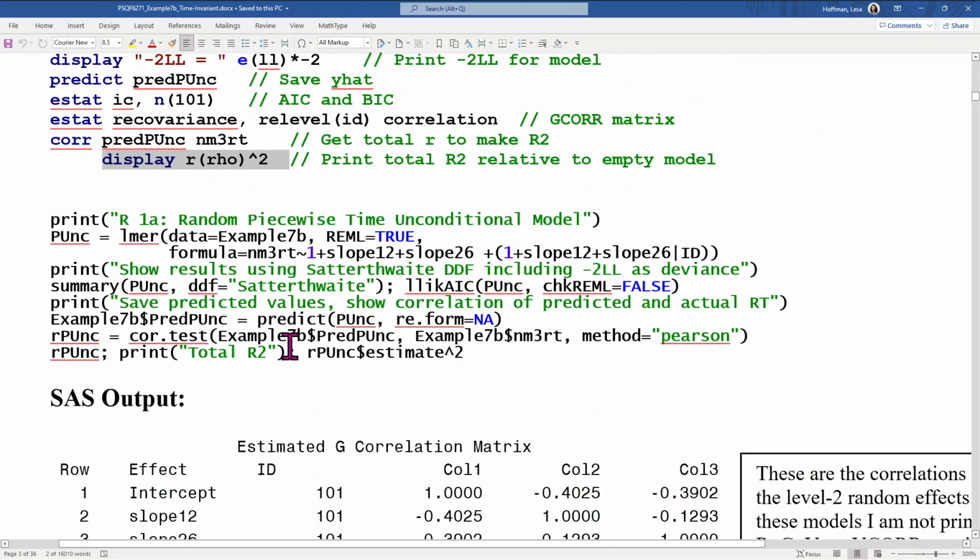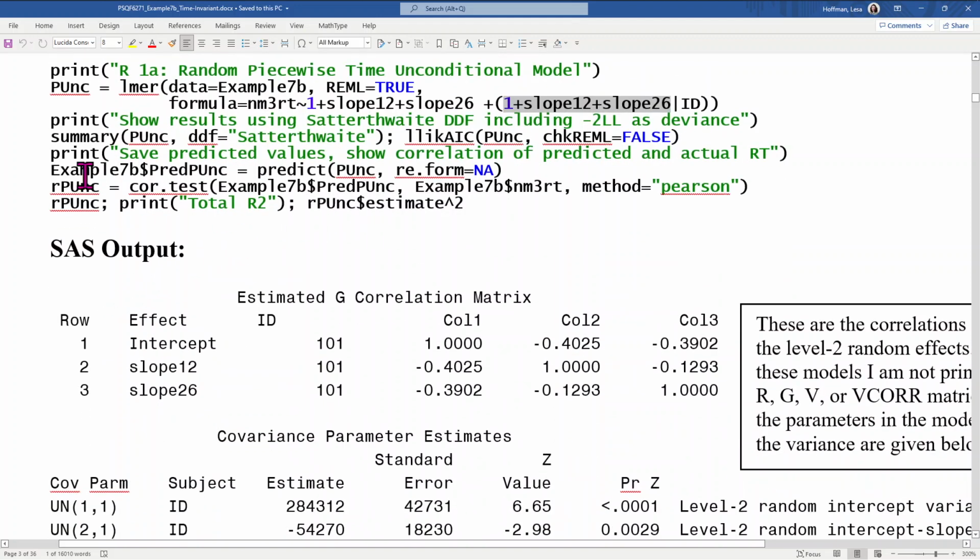In R, we have the fixed intercept and fixed slopes right here, the random intercept and random slopes right here. The new piece of code to generate predicted outcomes is right here. I'm using the predict function. I want to use the results of the p_unc saved model here, again, piecewise unconditional. The option re.form=NA means do not use the random effects in creating the prediction.